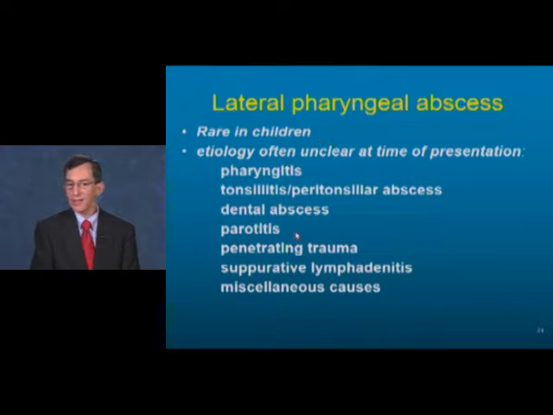And as you can see, I've listed a number of potential primary processes that may progress and lead to the development of a lateral pharyngeal abscess. It's important to take a careful history and to try to identify an initial problem that may lead to adjunctive treatment, such as the presence of an initial dental abscess with the need to extract a tooth, or the presence of penetrating trauma and ascertainment of a foreign body, and so on.